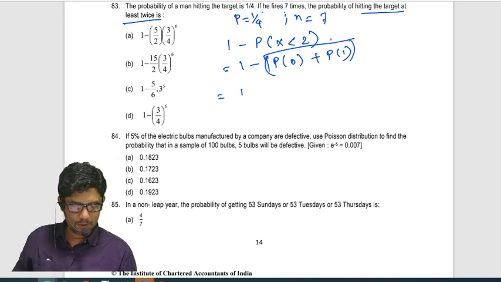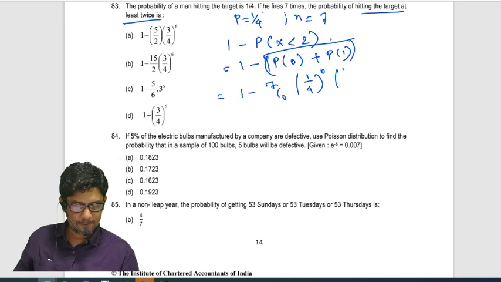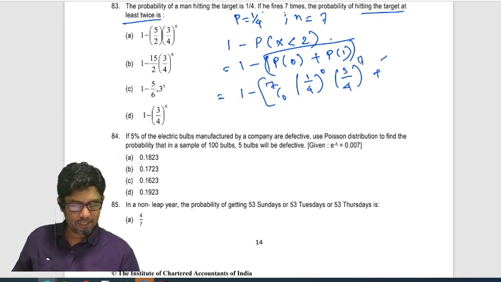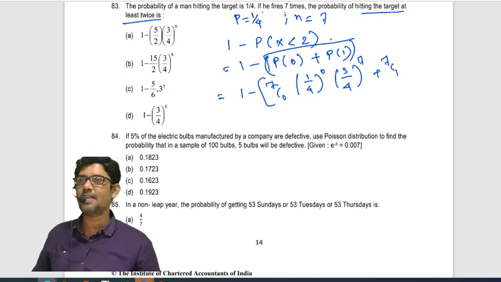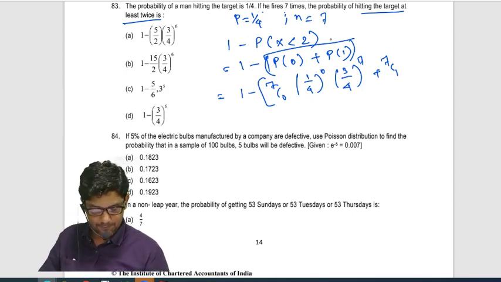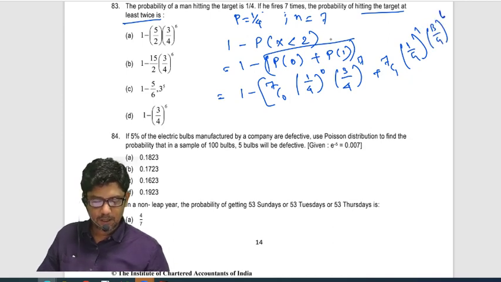Now 1 minus total 7C0 P power 0. What is P? 1 by 4. Q is 3 by 4, whole power 7, plus. Sir, should I attend this question in the exam, sir? I will say no if you are not prepared. Don't attend. Okay.